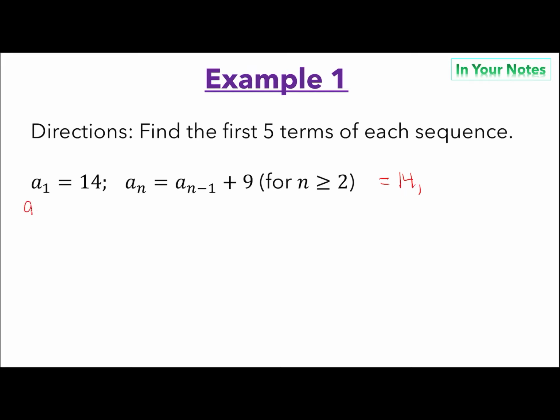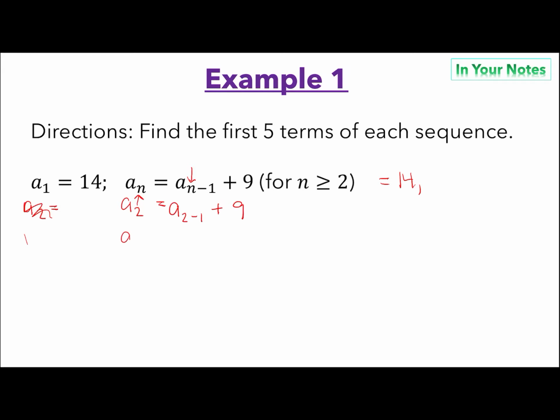So the next one I need to do is find a sub 2. The way we're going to find a sub 2 is we're going to realize that 2 is really in place of n. So anywhere we see an n, we're going to put a 2. So this is going to say a sub 2 minus 1 plus 9.